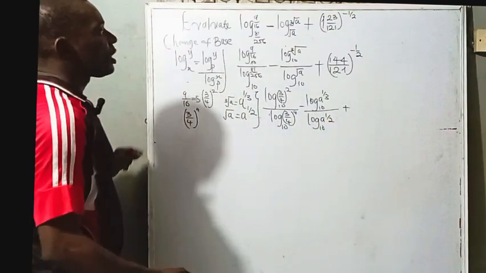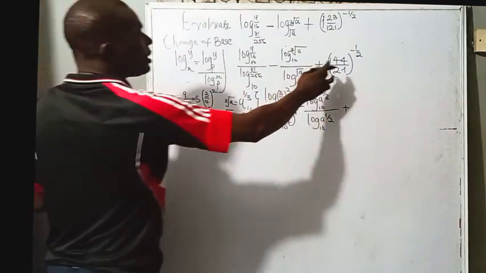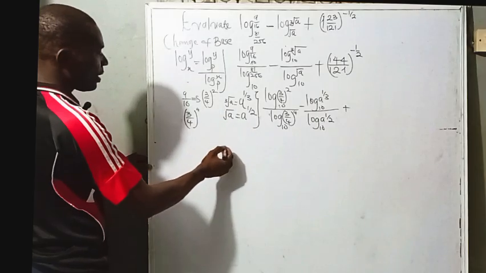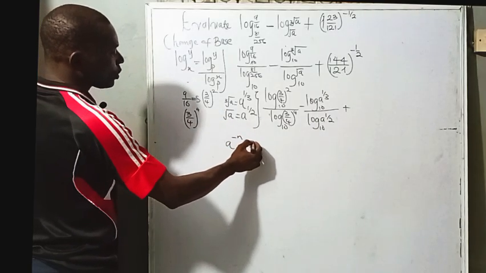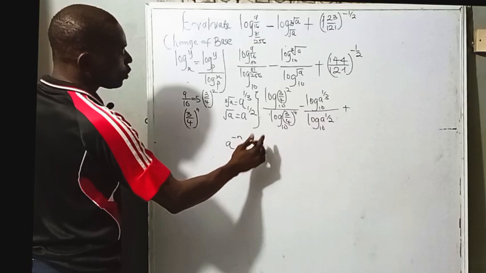Now we recall that in indices, once you have something like this, we have e raised to power minus n equals e raised to power 1.